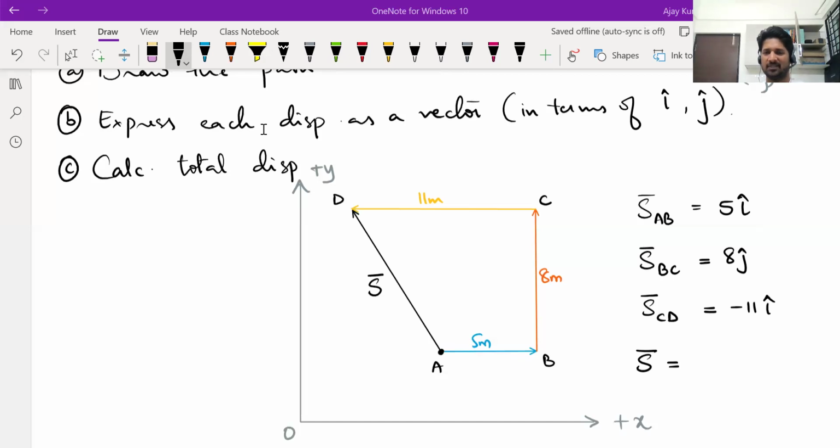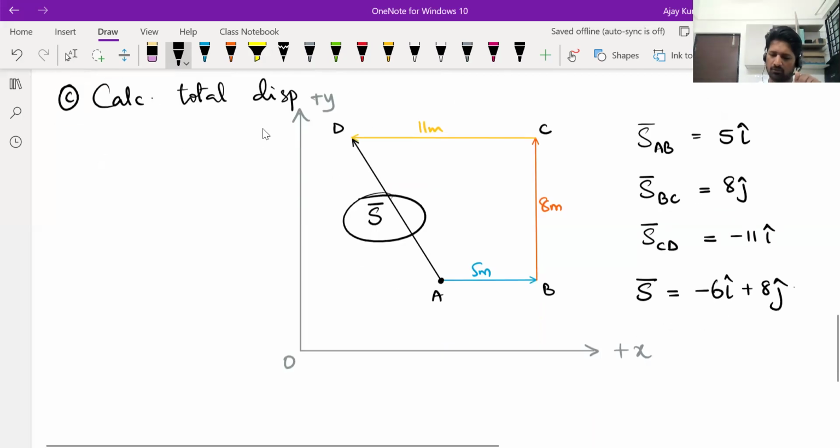You can't add them like numbers. Ha, so minus 6 I cap plus 8 j cap. Correct. It will be minus 6 I cap plus 8 j cap. And that is this black vector. Okay, the final displacement vector. Okay, hope this is clear to all of you.